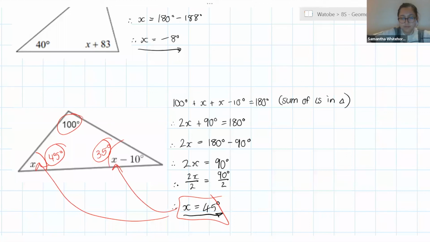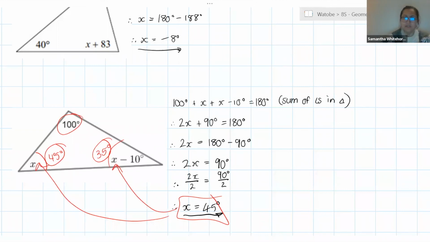I said 2x equals 90 degrees because a negative plus a negative equals a positive. So that's how it was 180 minus 100 plus 10 degrees. So I got 90 degrees and then I divided it by 2. So I used another way, ma'am. Is it okay in a test to say that?